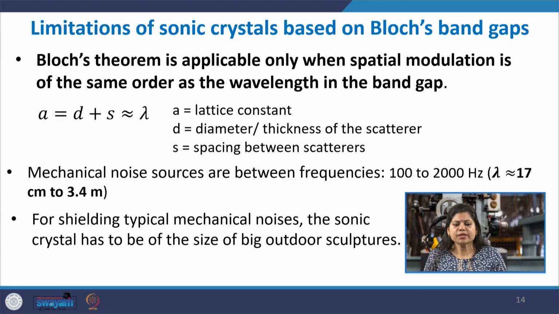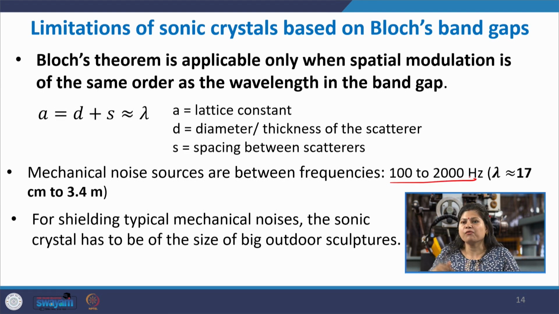So, in the previous class we studied the Bloch's theorem and what the Bloch band gap is. According to the theorem, the wavelength that can exist within the sonic crystal, this lambda, has to be the same as the lattice constant. Now, suppose a sonic crystal was to only operate on the working principle of the Bloch's theorem, then for most of the mechanical sources, you know that the frequencies are between 100 to 2000 hertz.